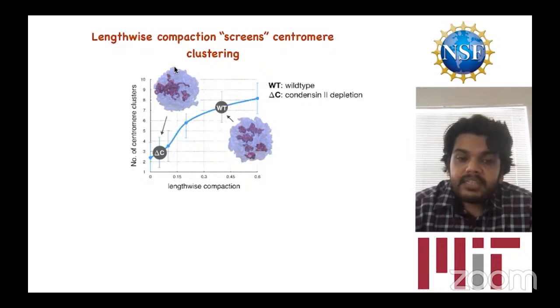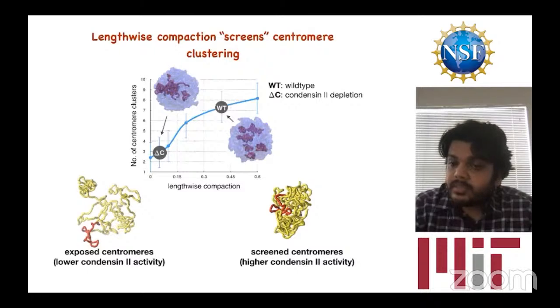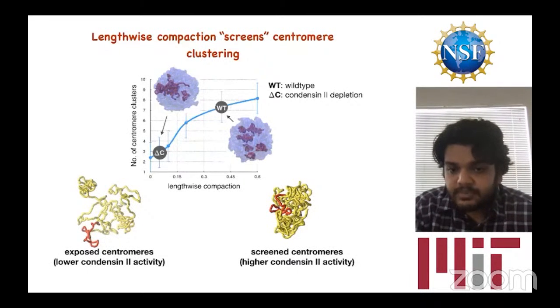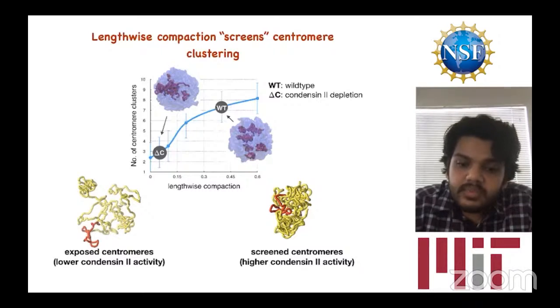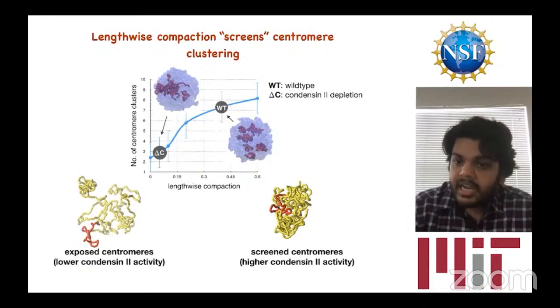So why does it happen? Lengthwise compaction is actually screening intercentromeric interactions. These are snapshots of one chromosome, where the red is the centromere and everything else is the arms of the chromosome. What you can see here is that the centromere is buried deep within the entire chromosome for high lengthwise compaction.